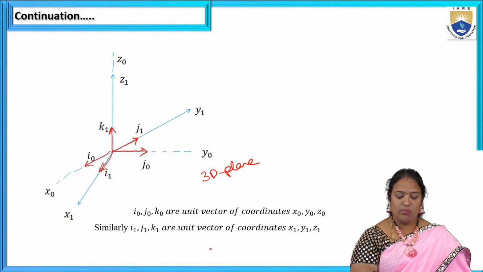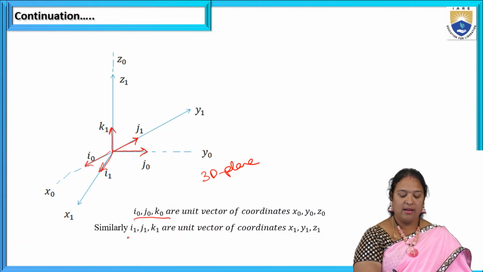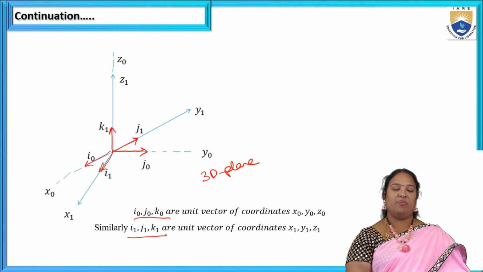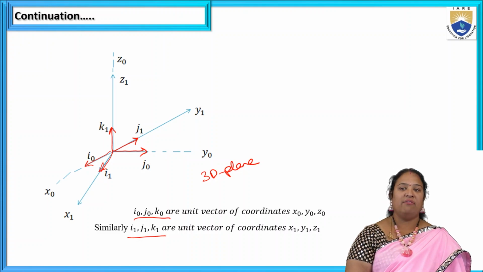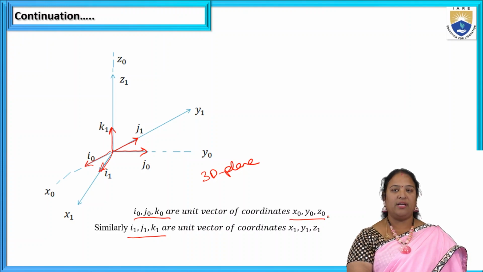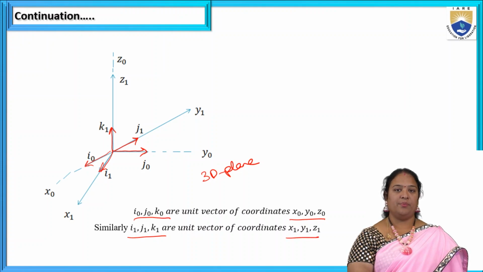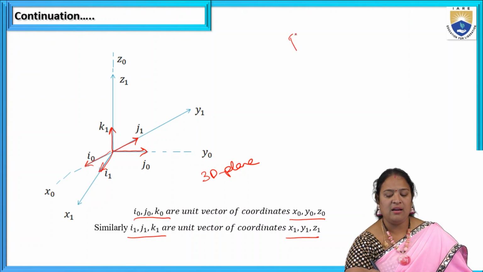So what are the unit vectors we have? i0, j0, k0, and i1, j1, k1, right? i0, j0, k0 are the unit vectors for the coordinates x0, y0, and z0, and i1, j1, k1 are the unit vectors for the coordinates x1, y1, and z1, right? Previously we have seen the vector p.